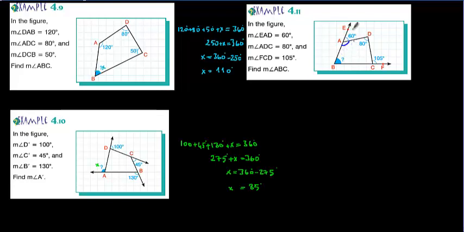You may remember that term from earlier grades. Then this angle, if I name it x plus 60, x plus 60 must be equal to 180 degrees. So x is equal to 120 degrees.